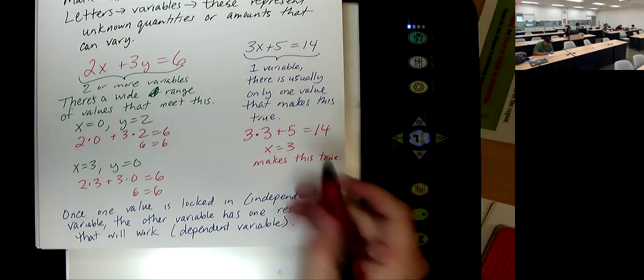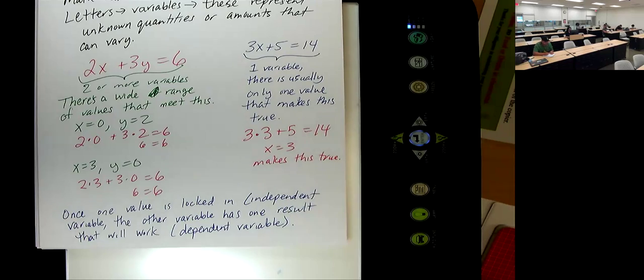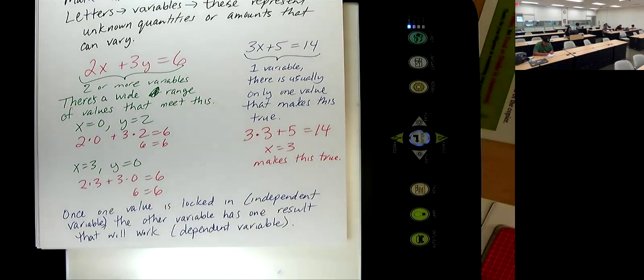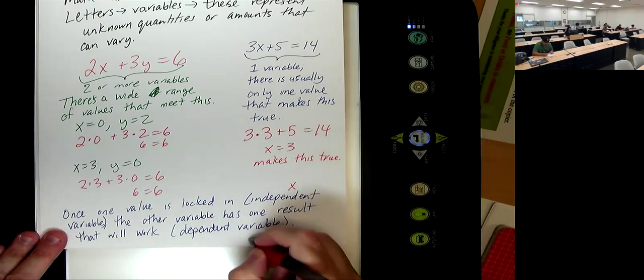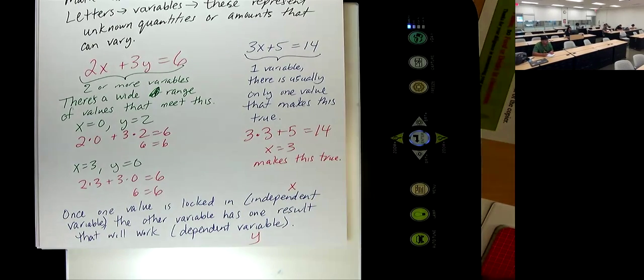Oftentimes, the independent variable is x and the dependent variable is y, the way we tend to use it. So y's value depends on what we pick for x.